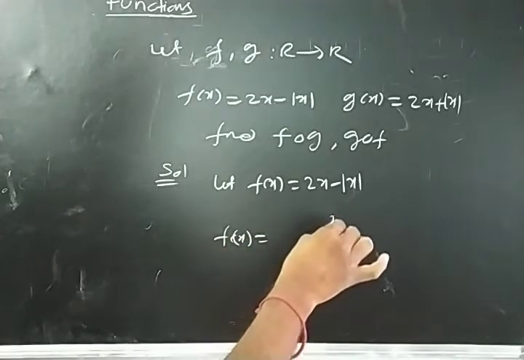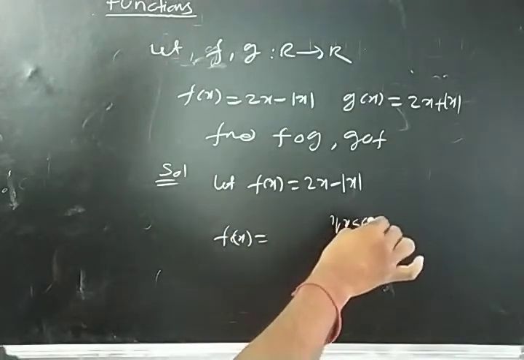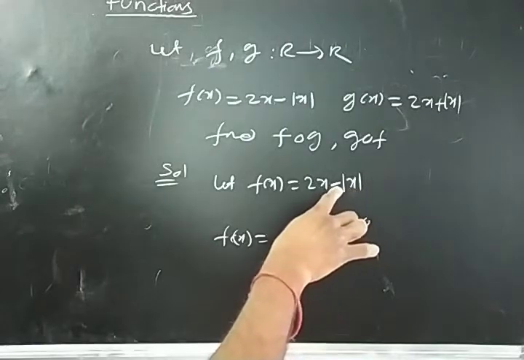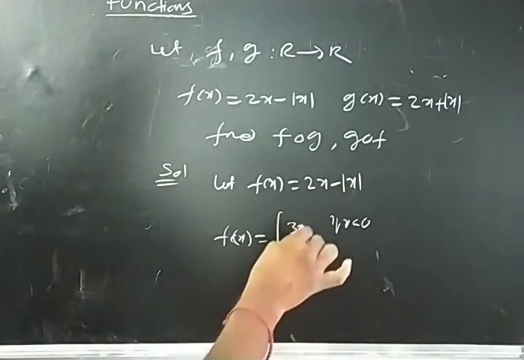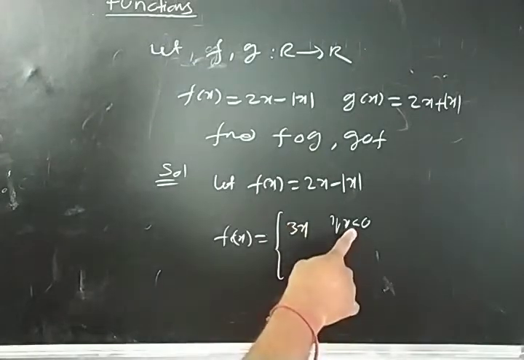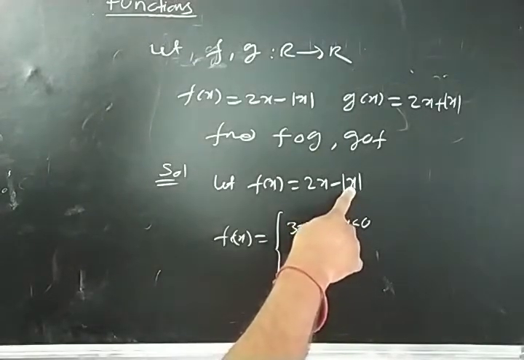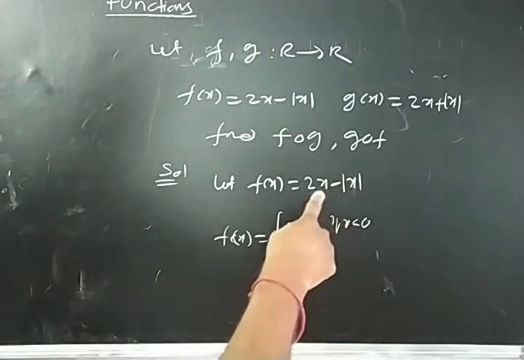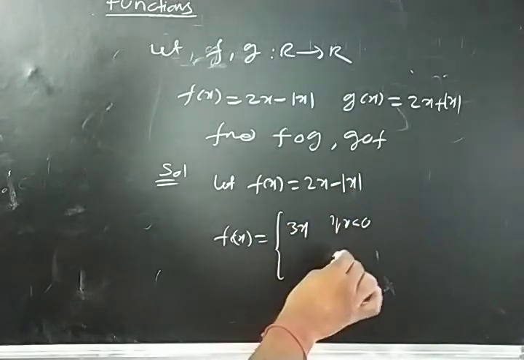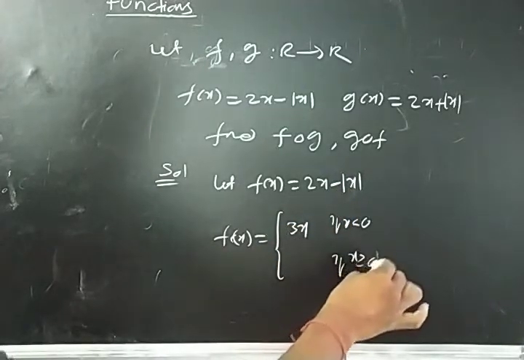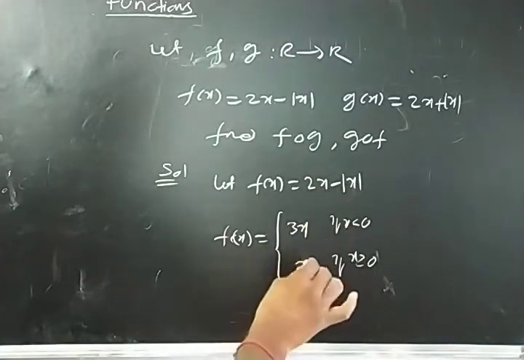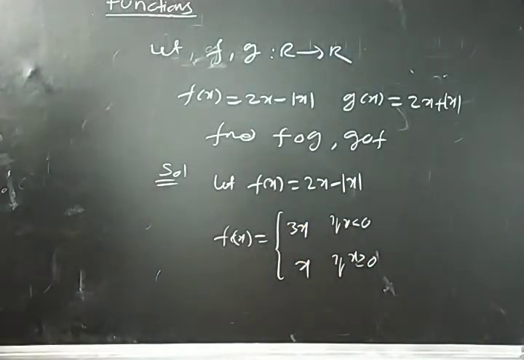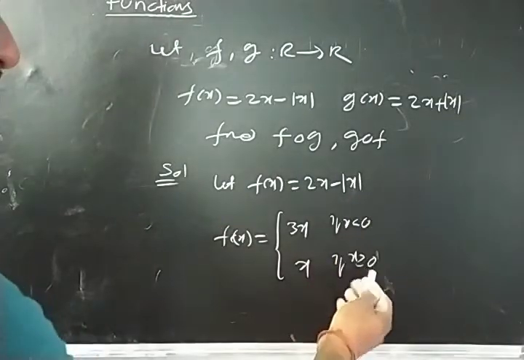If x is less than 0, this will be 2x plus x, you will get 3x. If x is greater than or equal to 0, then this will be 2x minus x, you will get x. This is the definition of f of x for x less than 0 and x greater than 0.